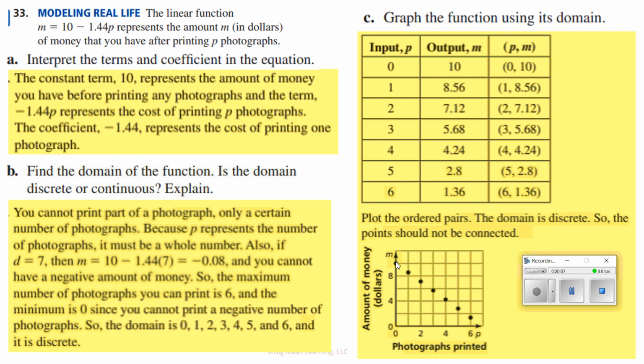When we buy one photograph, we've lost $1.44. We buy two photographs, we've lost another $1.44. And now that's two photographs, and that leaves us $7.12. And as you can see, every time I buy a photograph, my amount goes down by 1.44, up until the point where it can't go down anymore. All right, 6 is the maximum number of photos I can buy.